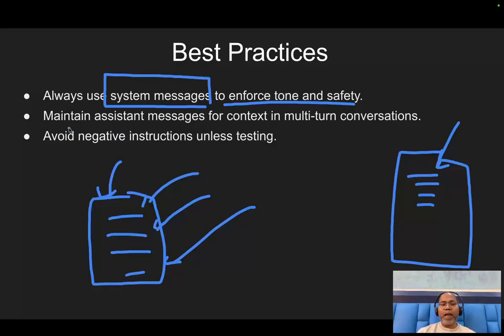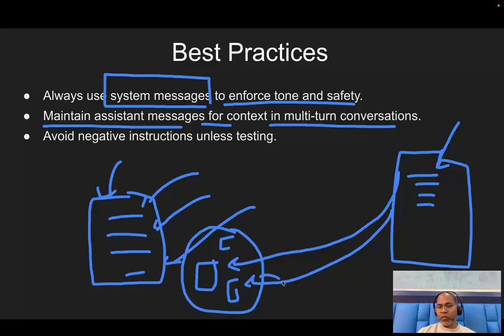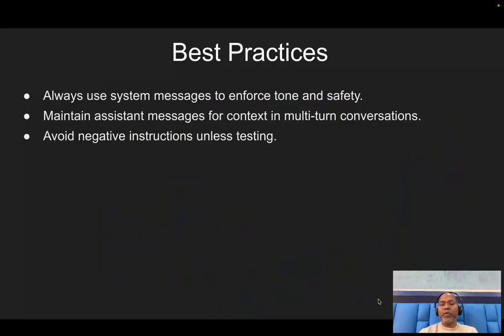Okay, and also maintain the assistant messages for the context in a multi-turn conversation. Whatever response the LLM generates, you have to note it down. These are the assistant messages. Note down every response and every question, and maintain the conversation history, so that the next conversation can be very fruitful with the help of your context.